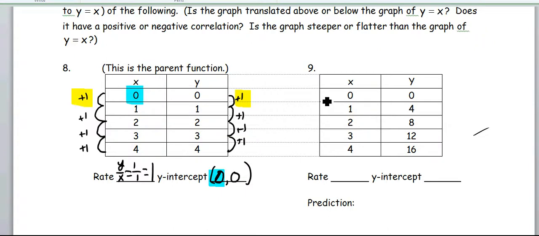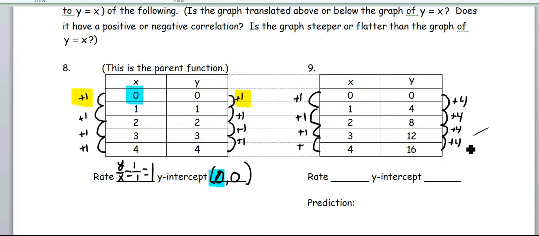Alright, let's look at number 9. So I go from 0 to 1, that's plus 1, 1 to 2 is plus 1, 2 to 3 is plus 1, 3 to 4 is plus 1. Then from here, to go from 0 to 4, I have to add 4. To go from 4 to 8, I have to add 4. And I'm going to add 4.